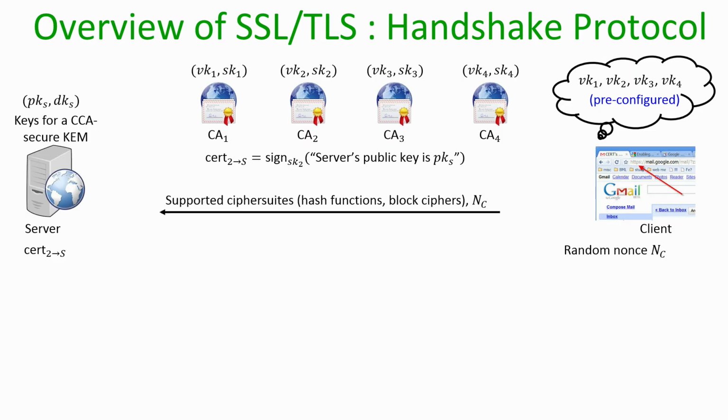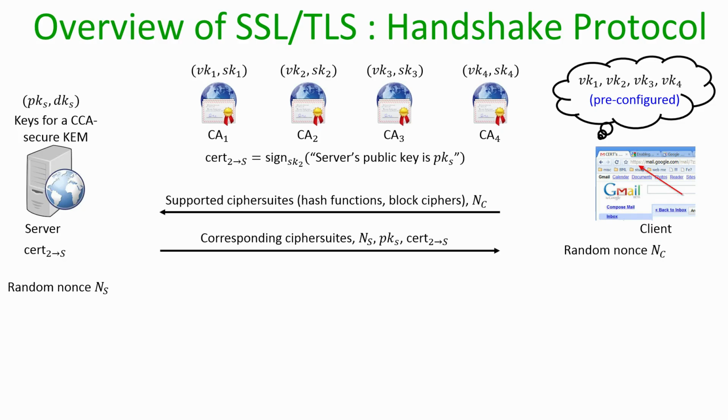So, as soon as the handshake protocol starts executing between the client and the server, the first message goes from the client to the server, where the client sends the supported cipher suites, namely what version of the hash function it supports, what version of block cipher it supports, what version of pseudo random generator it supports, and so on, and along with that the client sends a randomly chosen nonce value.